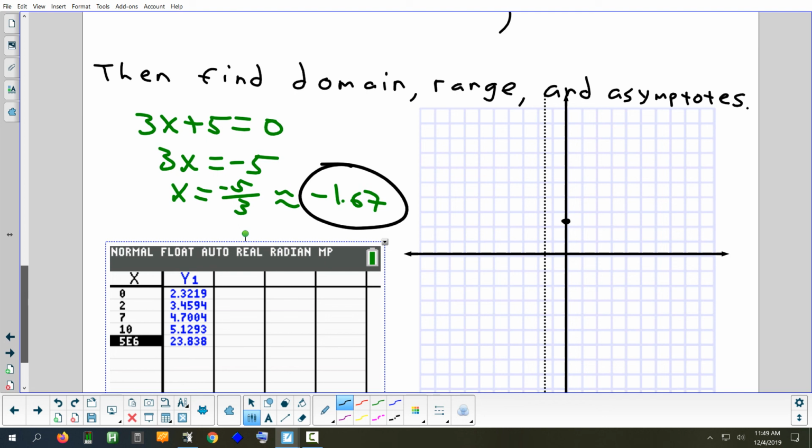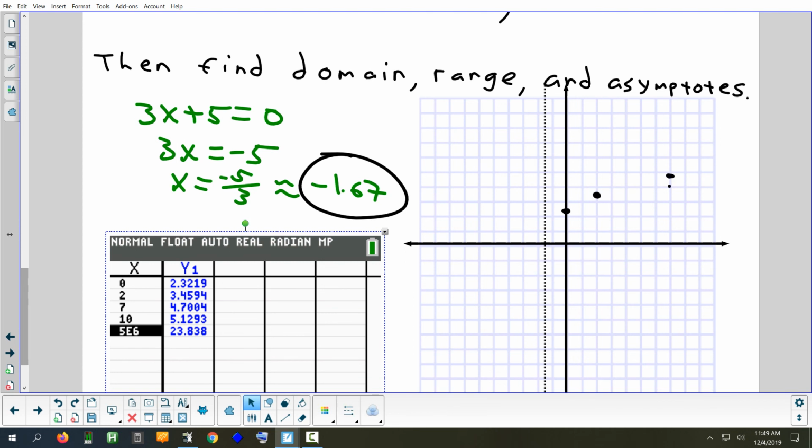2.3. 2, just under 3.5. And hopefully now we start seeing it level off. 7, we're at 4.7. Then 10, 5.1. Anyway, that's good enough.